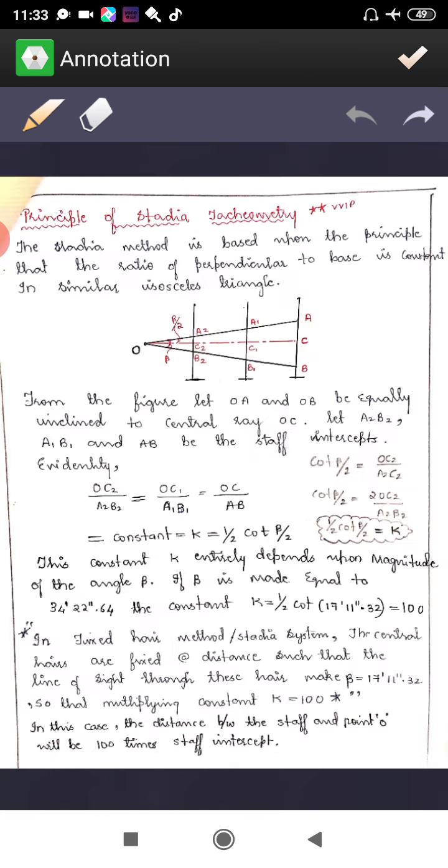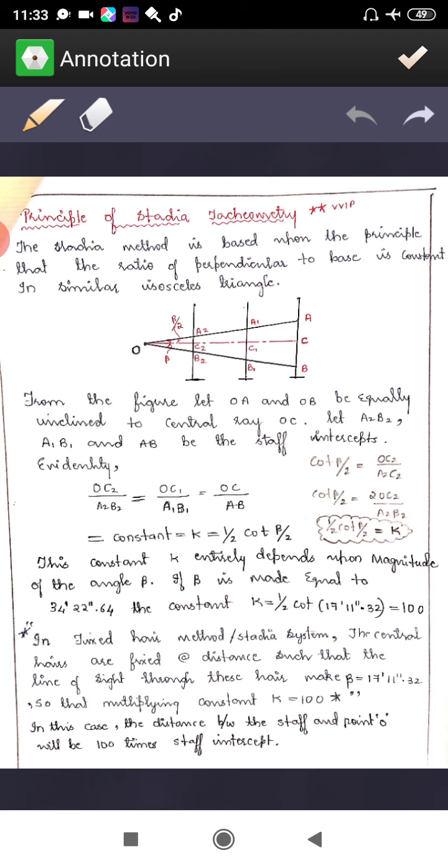That is an important conclusion we can make here. K is equal to 100 and C is equal to 0. This happens only if you have the angle of 34 minutes 22 seconds 0.64, and that is there because of the analytical lens. If you don't have that analytic lens, that angle is not going to be 34 minutes 22 seconds. Because of the analytic lens, this angle is going to be 34 minutes 22 seconds 0.64. That's what we have to understand.